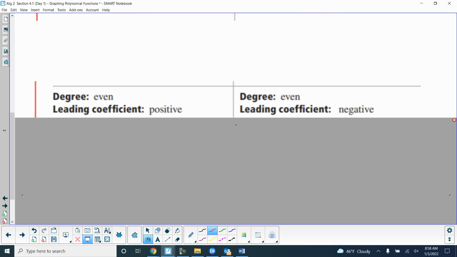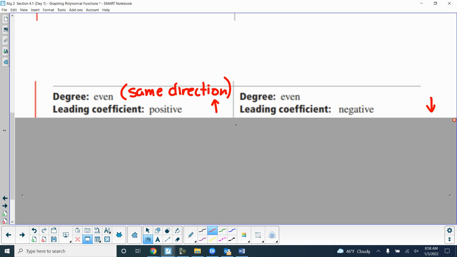Leading coefficient's positive. So what's the far right doing? Up. Leading coefficient's negative. What's the far right doing? Down. When it's even, it's the same direction.